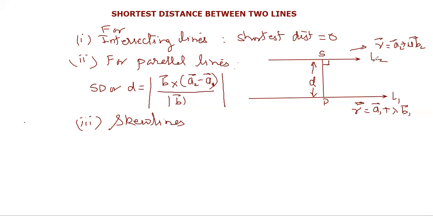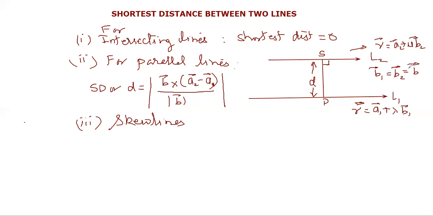This is actually when they are parallel, this B1 and B2 will be equal. Vector B1 will be equal to vector B2, and this will be vector B when they are parallel lines. Okay, so that's why we are using only B, Sharif.